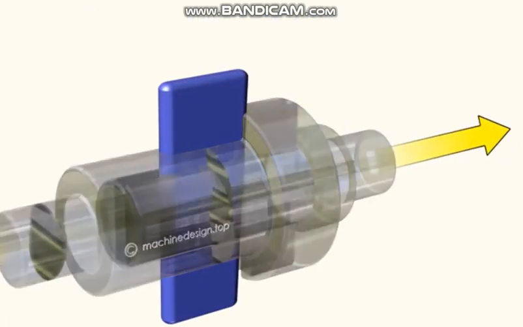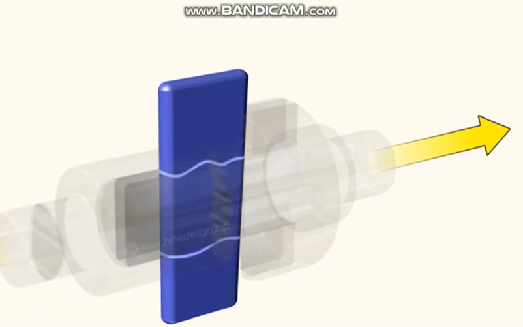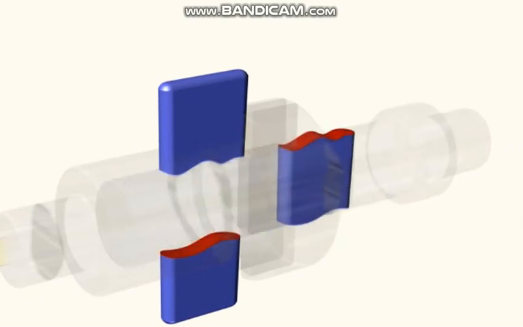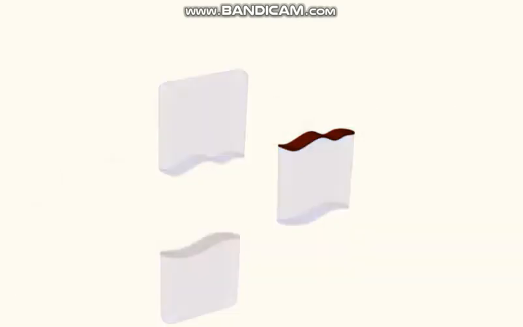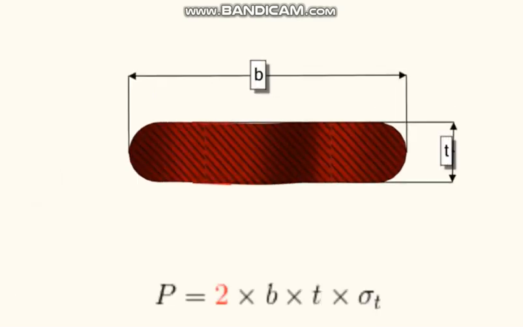That is the failure. Now this quarter, if we are pulling it like this, the quarter may fail like that. This is the area. Though here it is curved like this, we take it as rectangular only.